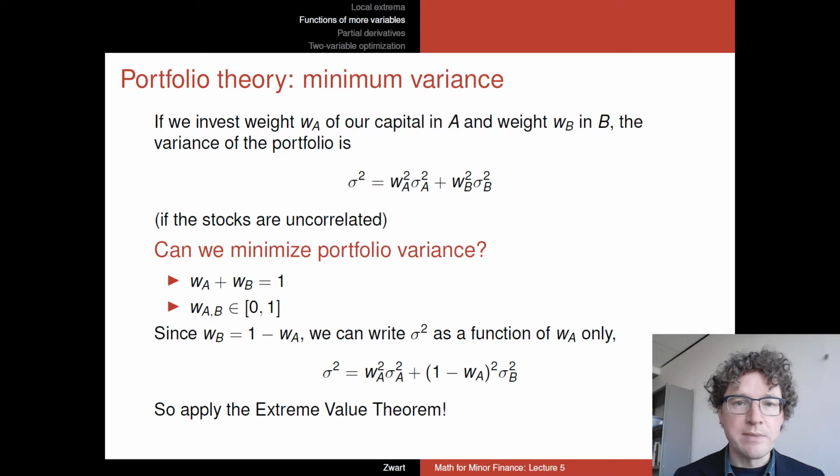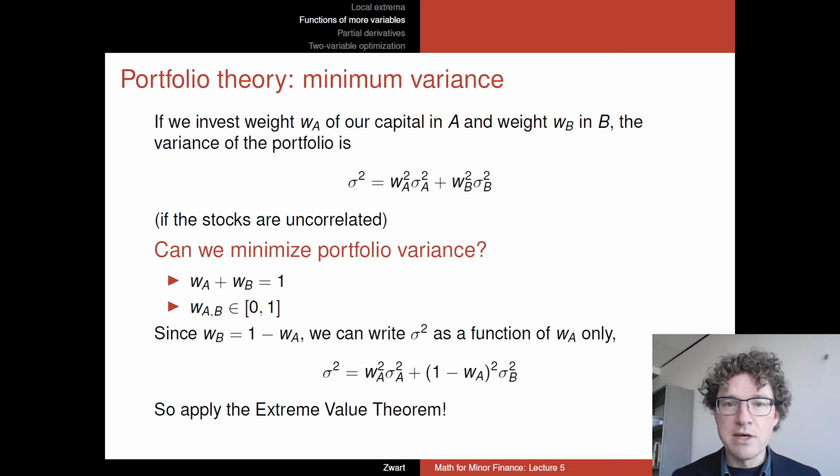And it turns out to be, where WA and WB add up to 1, WA squared times the variance sigma A squared of stock A plus WB squared times the variance of stock B. And here I'm making a silent assumption that these two stocks are actually not correlated. So if there's correlation, there will be an additional term to this expression.